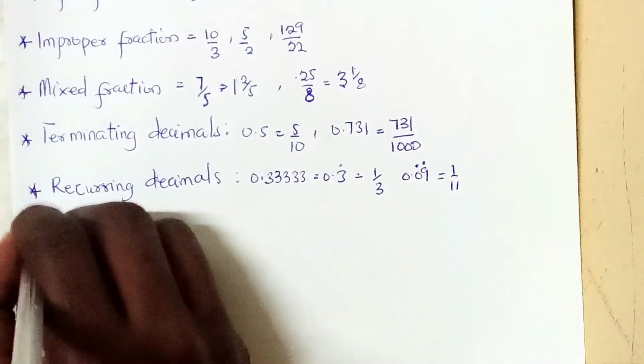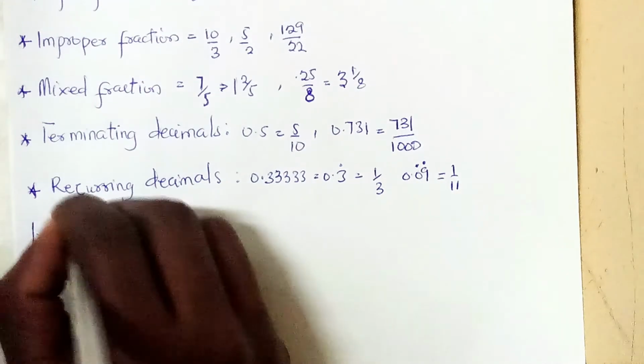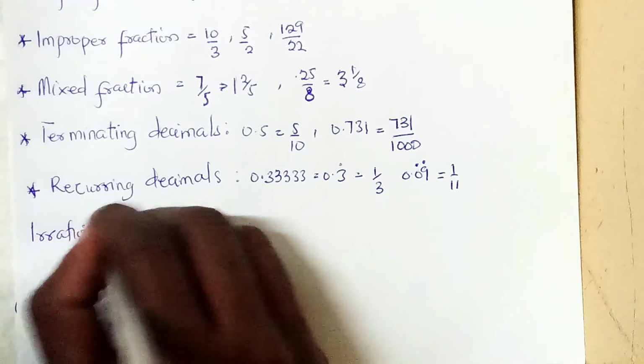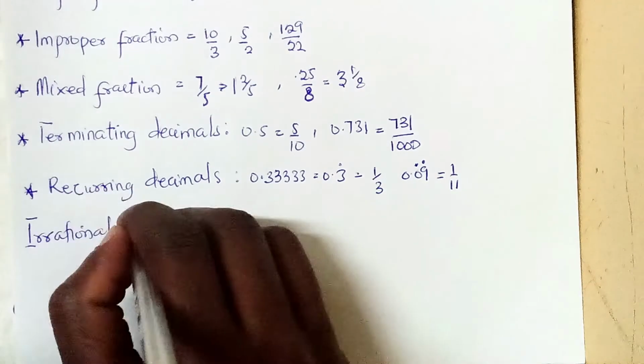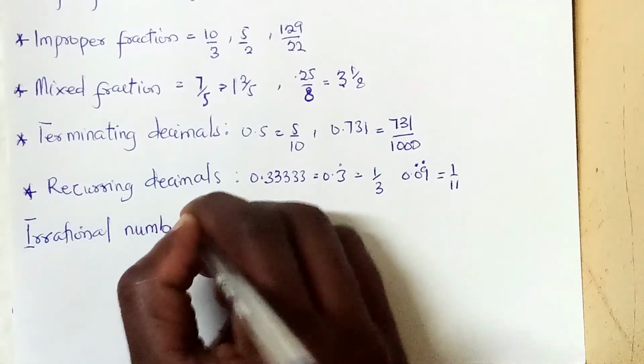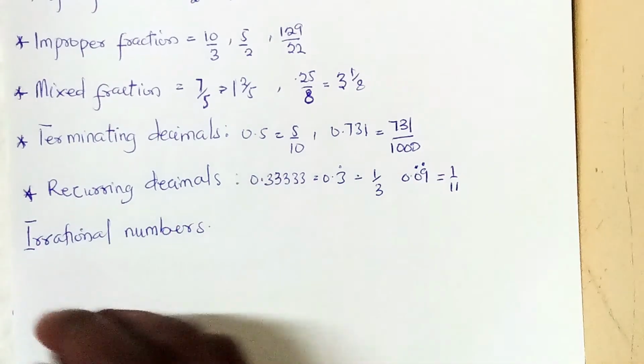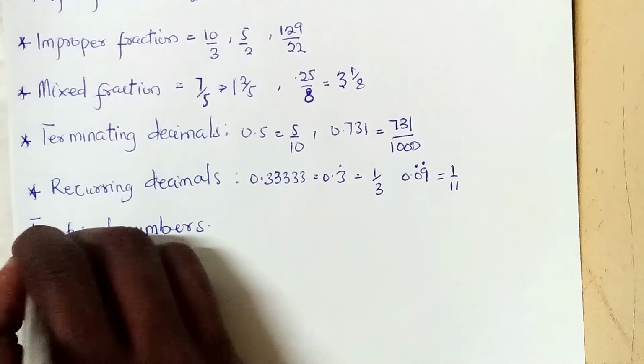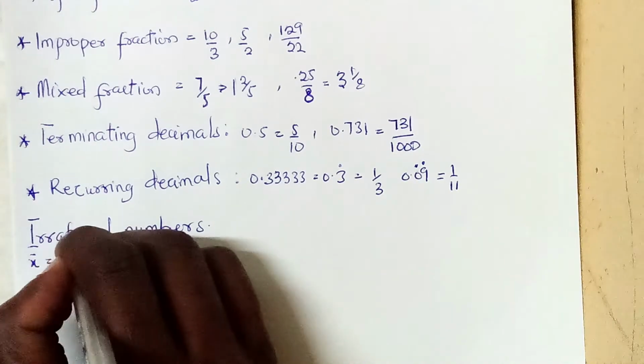Irrational numbers. When we talk about irrational numbers, these are numbers that do not have an end. For example, we have pi, which is 22 over 7.